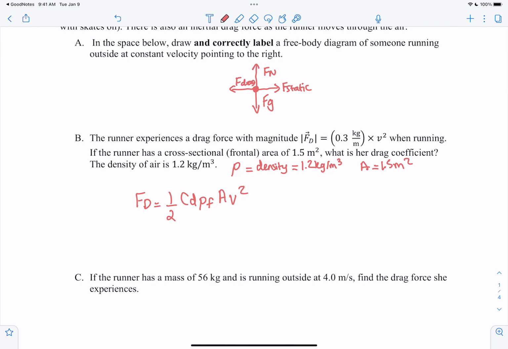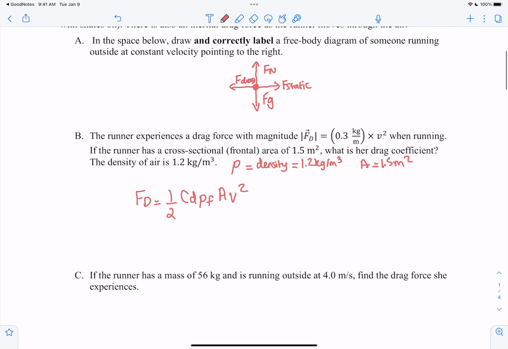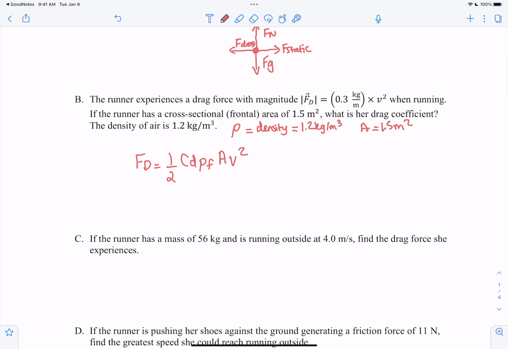And so since we have this equation, we have our area and our density, we can start to solve for our drag coefficient. We know the drag here is equal to 0.3 kilograms per meter times v squared.